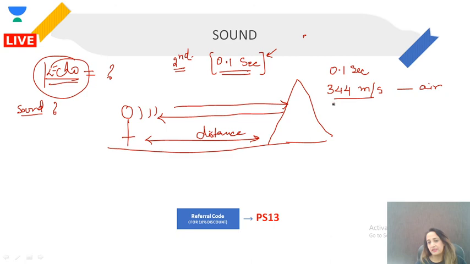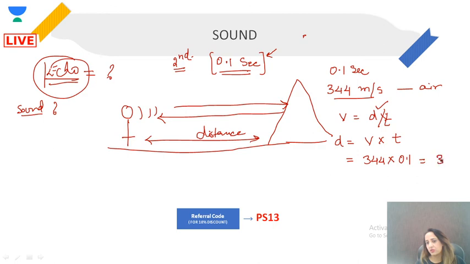We know that velocity is equal to distance by time. So distance is 344 into 0.1 seconds, so it will be 34.4 meters, right? So 34.4 meters has to be the total distance.